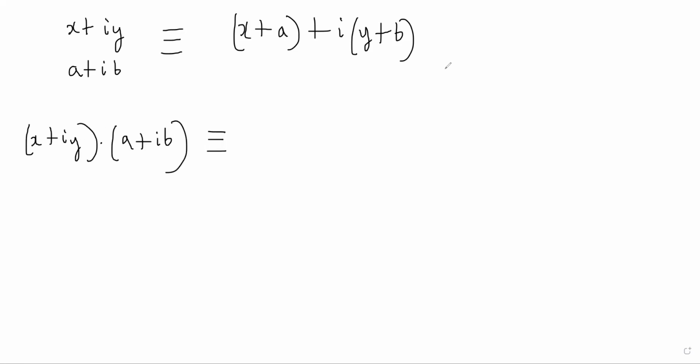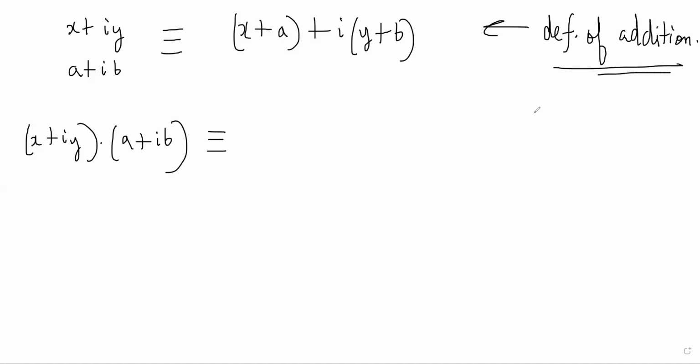right? This is the definition of addition, but the definition of multiplication looks weird if you think about it. If you were defining a new operation on complex numbers, how would you define multiplication of two complex numbers?